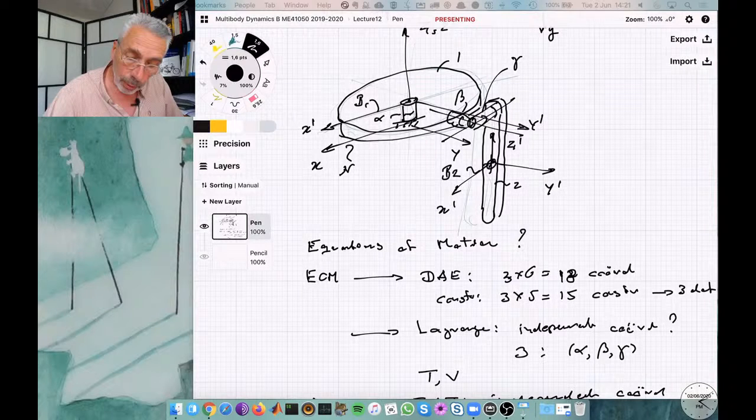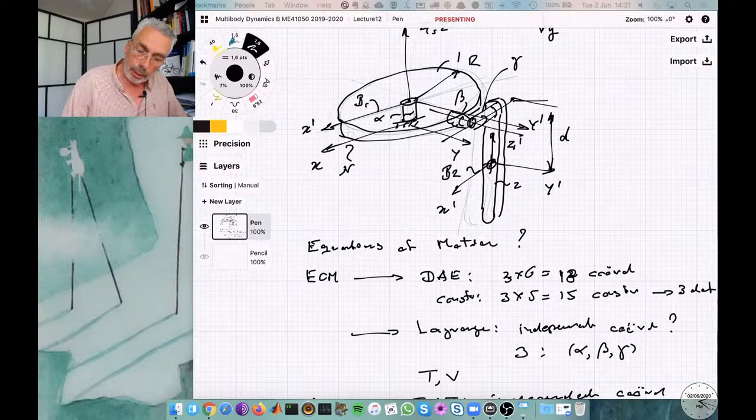Yeah, if I know what the radius is, and if I know what this distance is, let's call that d, then with the alpha I can determine where this position is, even when the thing is rotated. That's with cosine alpha and sine alpha, then I know the relative position of this point with respect to this, it depends on these two angles, and then finally I can express the position of this point as a function of these dimensions and these three angles. So yes, in principle I could.